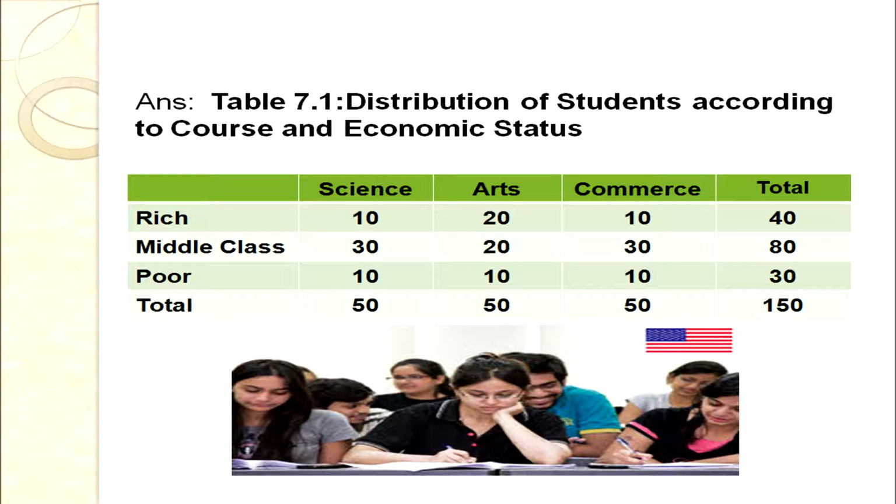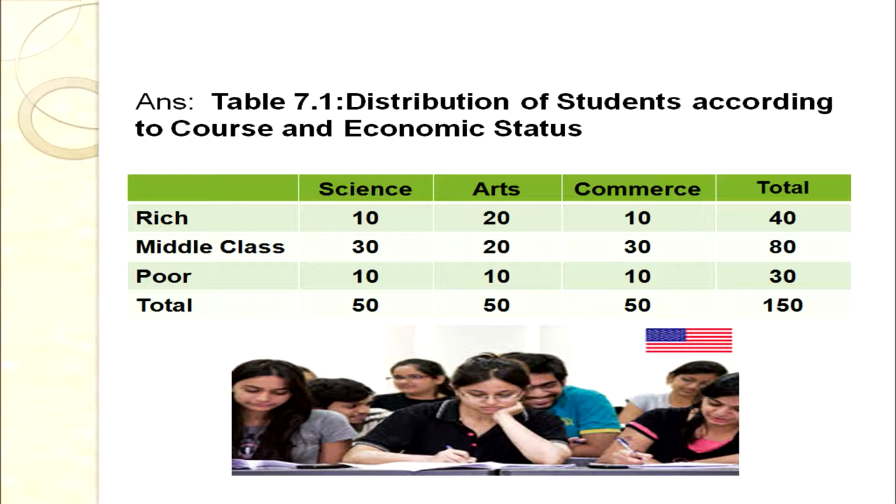Whereas for the poor families, what has happened? In case of poor families, we have got 10 for science, 10 for arts, 10 for commerce, and the total becomes 30. So, now the total comes to 150 over here, and the sidewise total also comes to 150. This is how we have constructed a table.